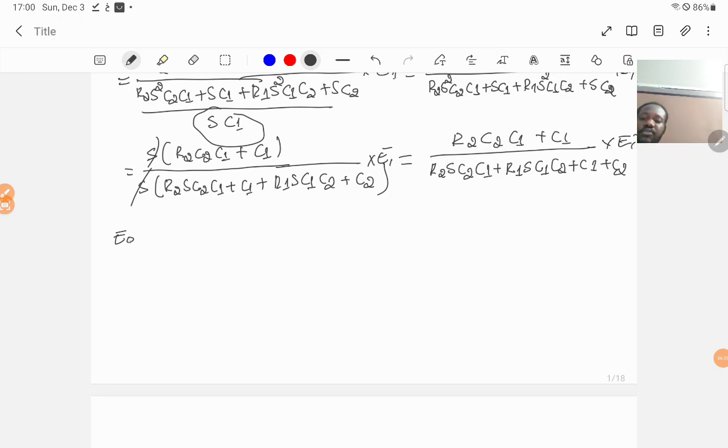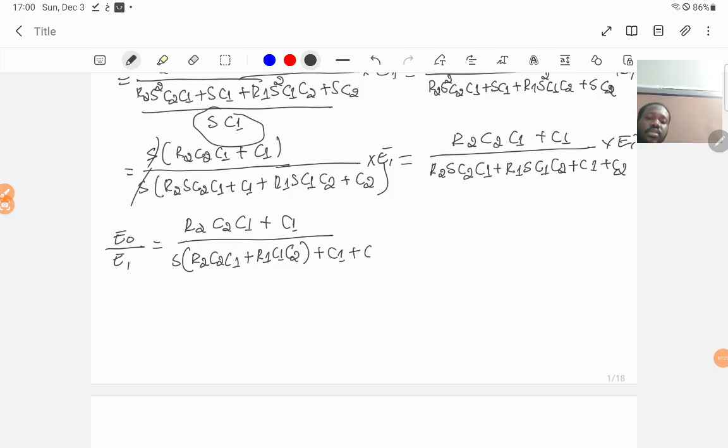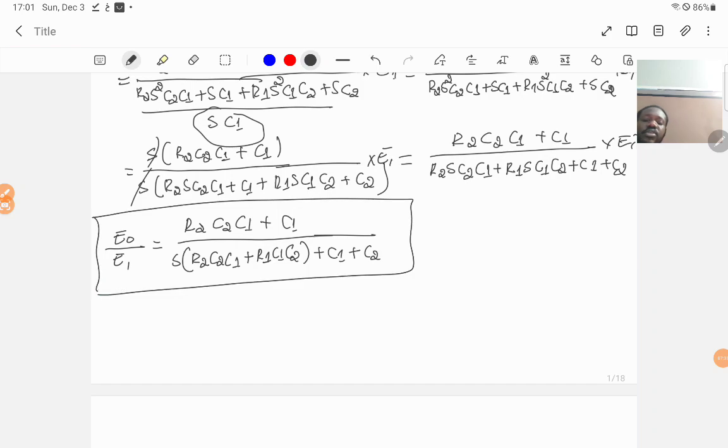If we bring the En in here, the system will be equal to R2 C2 C1 plus C1 over, if we take S in here, we will have R2 C2 C1 plus R1 C1 C2 plus C1 plus C2. That will be the final answer for exercise number 1.